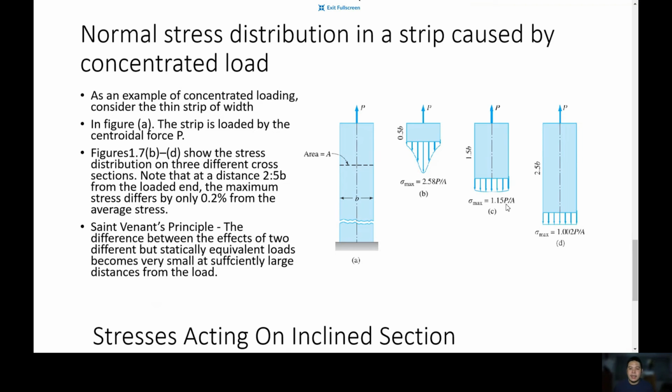So the maximum is around 1.15 force over area gihapon. Now if we cut somewhere much farther pagid, it is basically 1.002 force, or P over A, force over the area.